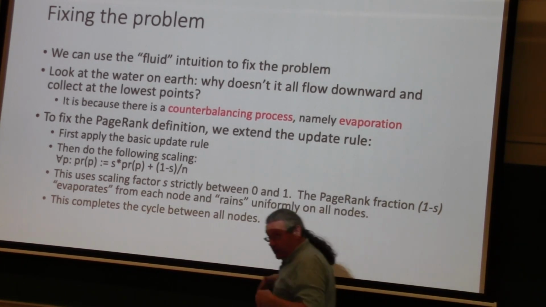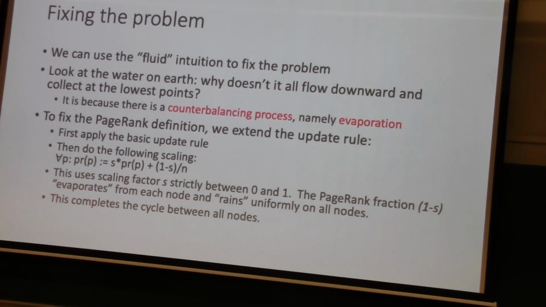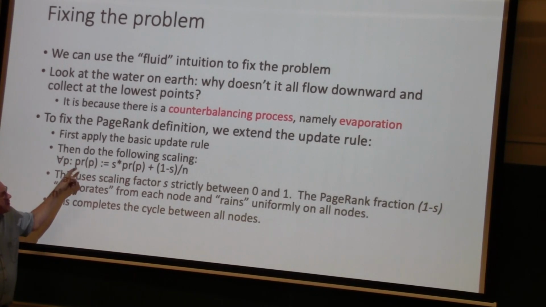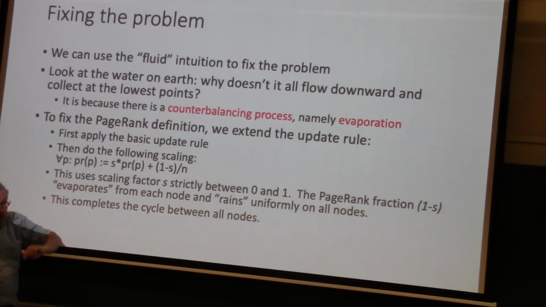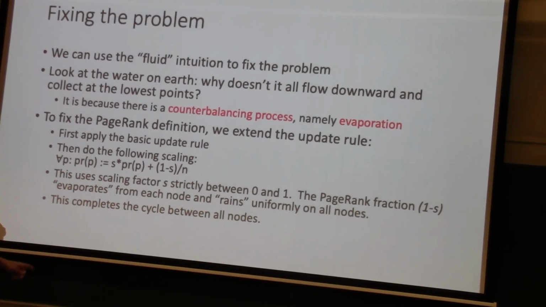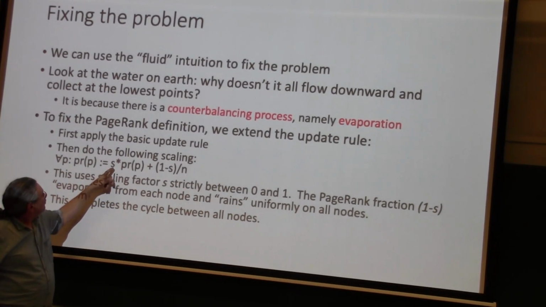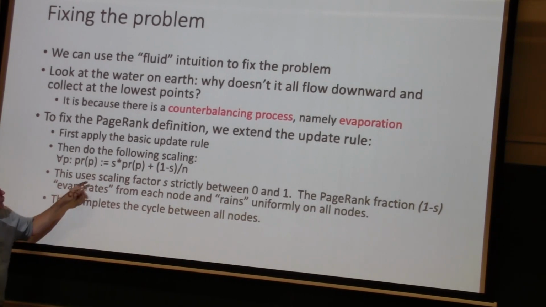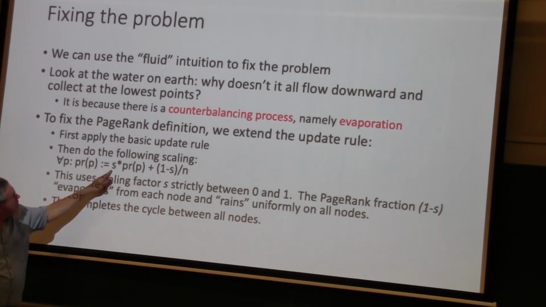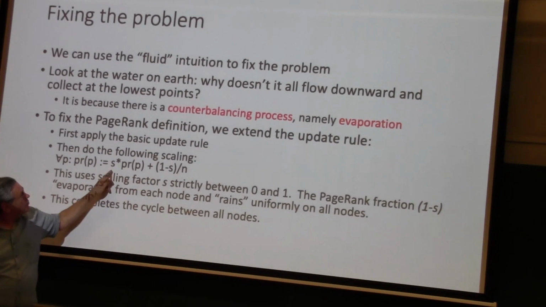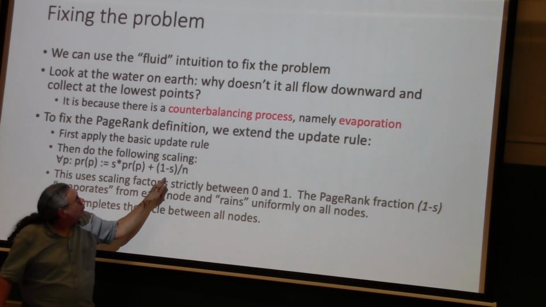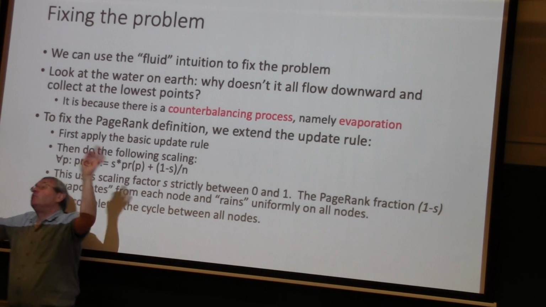And that's what they do now for the PageRank algorithm. The update rule: it's not just what fluid going in, there's also fluid going out. So you take the fluid, okay, so you make a scale. At the end of the day, you reduce the fluid in each page by some factor S, like 0.9 or something, and you add a little bit of fluid, (1 minus S) over N, everywhere.